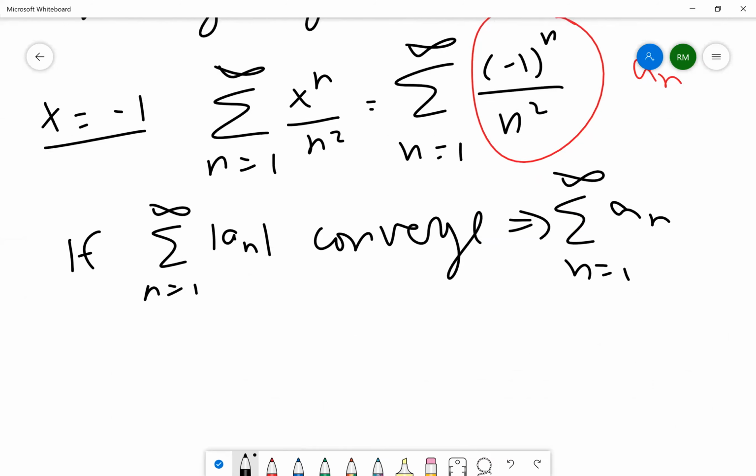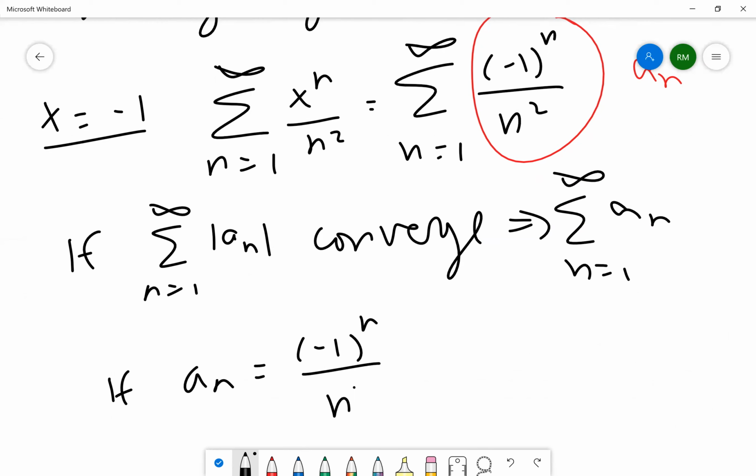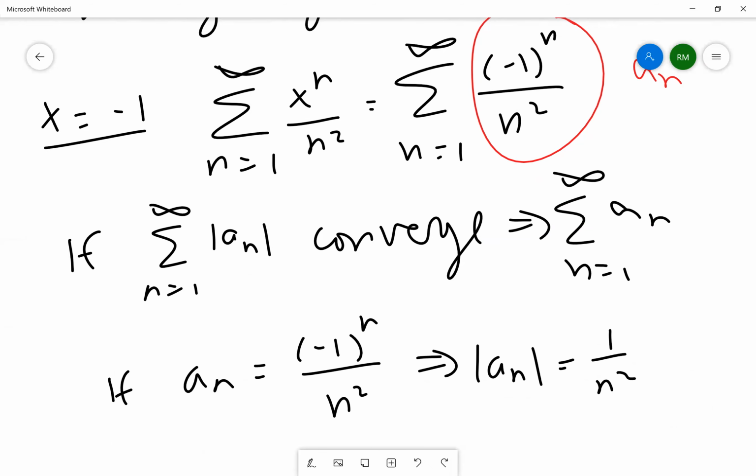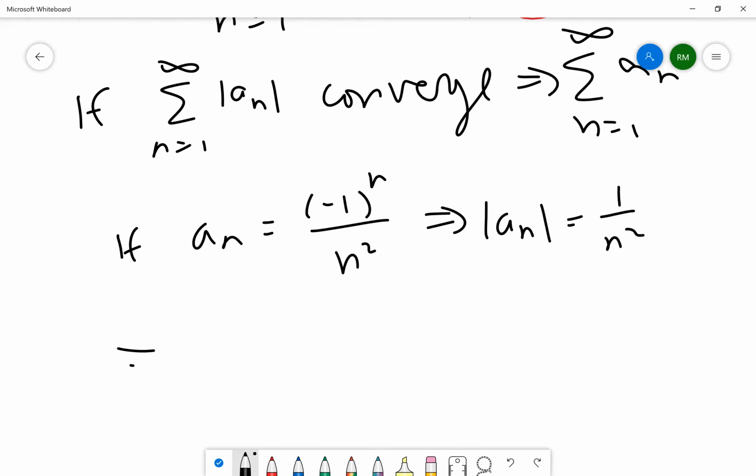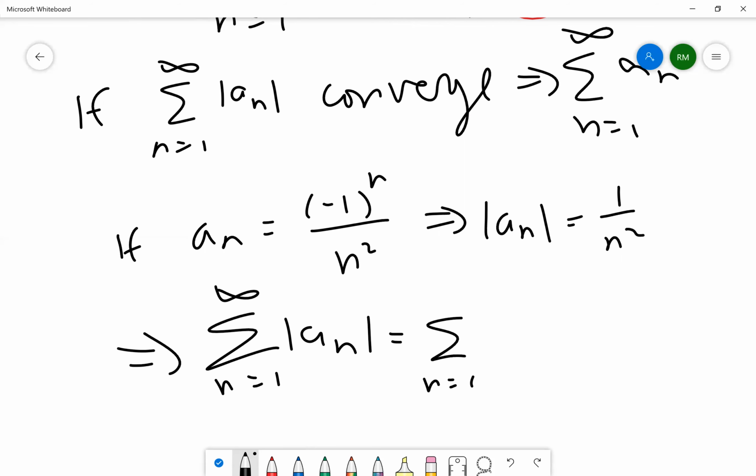So if a_n is -1 to the n over n squared, the absolute values of the a_n's are 1 over n squared, which tells us that the sum of these converges by the p-test.